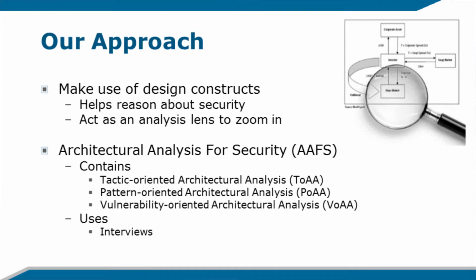And our method consists of these three different parts, starting with tactic-oriented architecture analysis and pattern-oriented architecture analysis. And you can see the tactics and patterns are embedded into the method. And then finally, we also take a look at the vulnerabilities, because vulnerabilities, in this case, we look at as the symptoms of these missing design decisions, especially in terms of thinking about security tactics or security patterns.